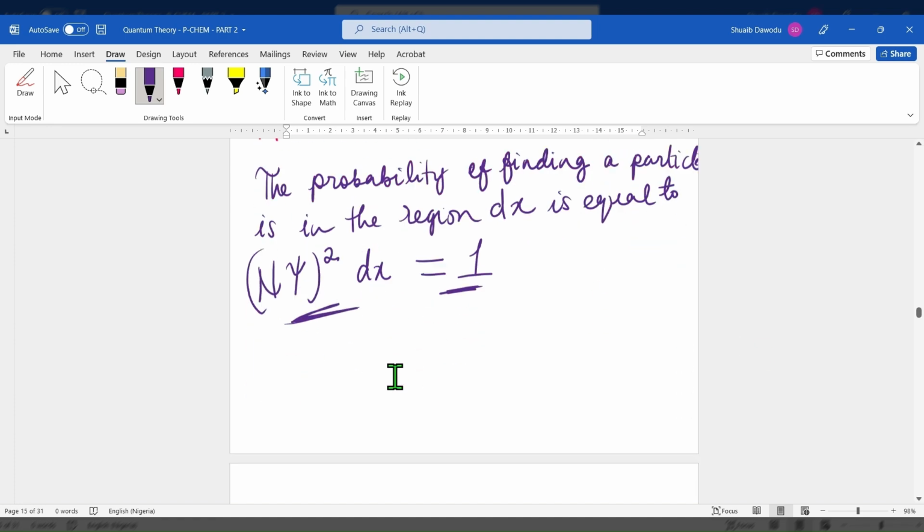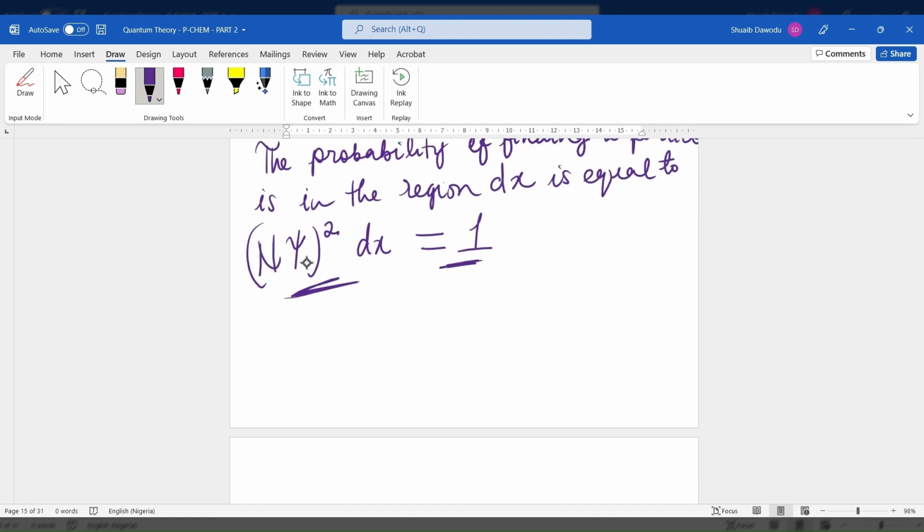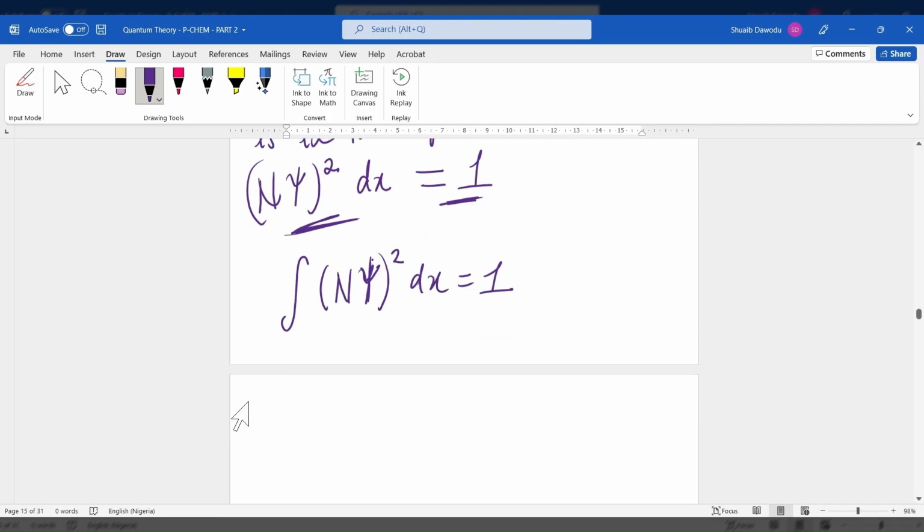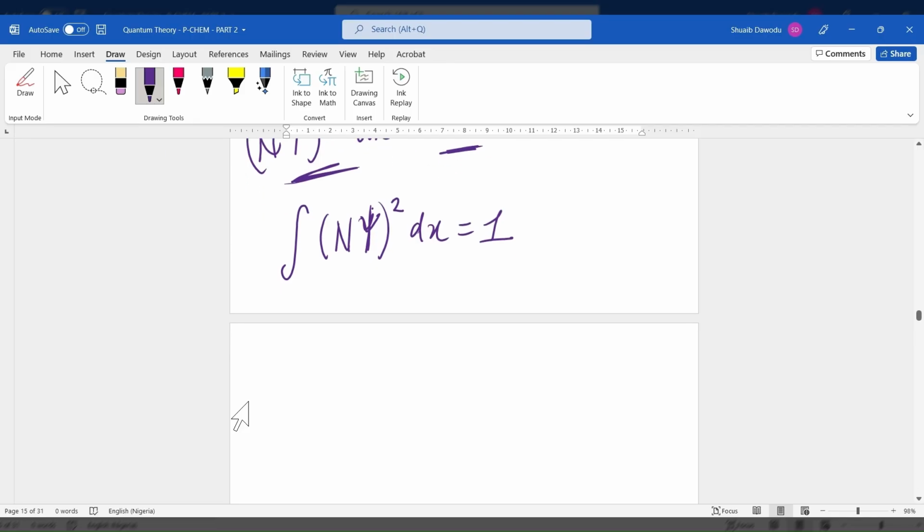So in order for us to write this mathematically, we can write it with the integration symbol. So you integrate N times the wave function, all squared dx, is equal to 1. So this is what we're going to use to solve the question, where we know what the wave function is, and we don't know what the normalization constant is, but as I progress in solving this question, it's going to be easier for you to understand.